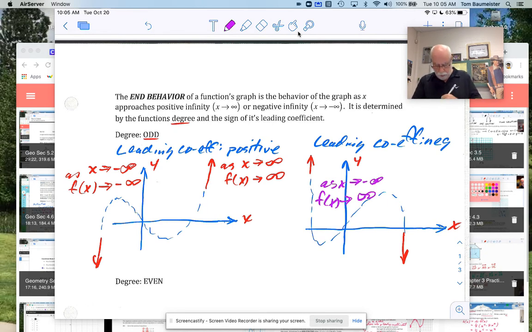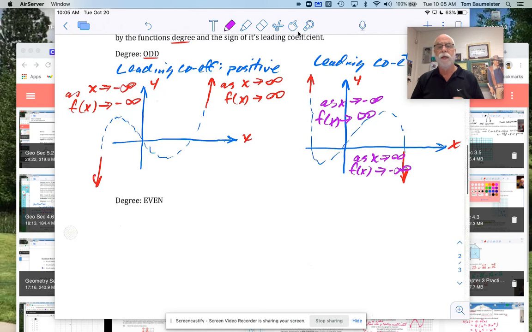And over here, as x goes to infinity, what is f of x doing? F of x is going down, so it's going to negative infinity. All right, so that's when they're opposites. So they're either going like this or they're going like this, almost like a robot kind of thing. All right, when it's even, they're both going to go up or they're both going to go down.